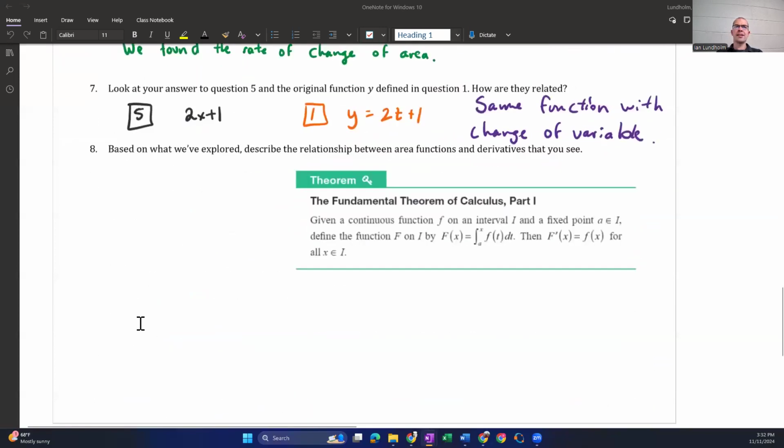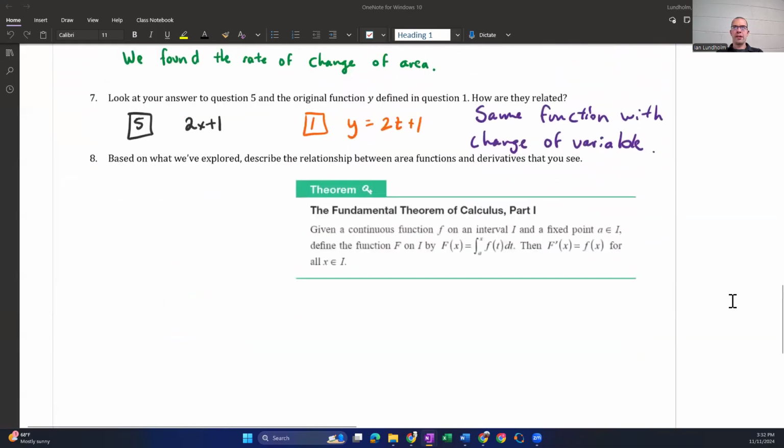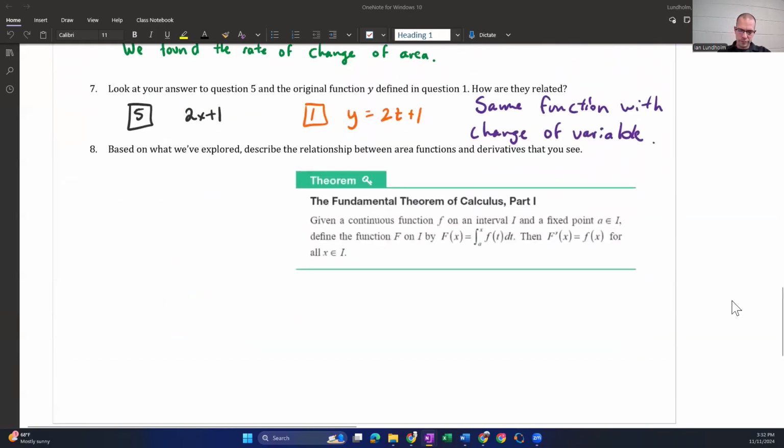All right, so that's fundamental theorem of calculus part one. You could say, in some sense, integrals and derivatives are inverse operations.